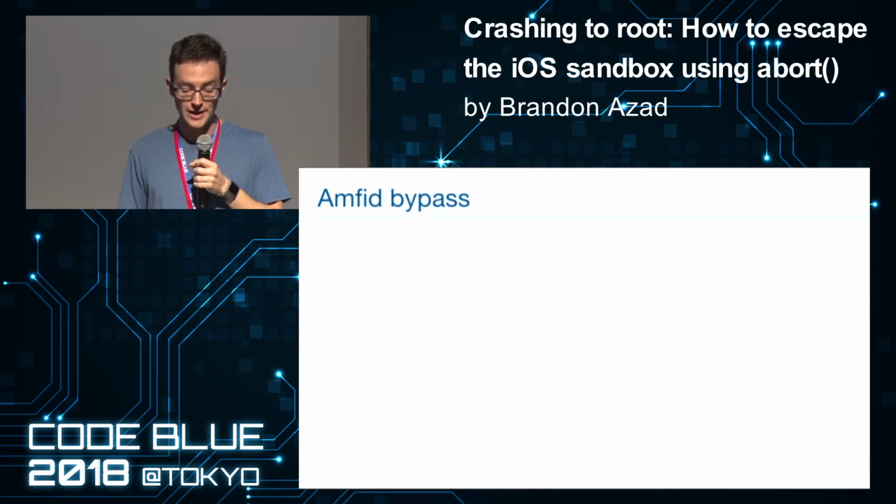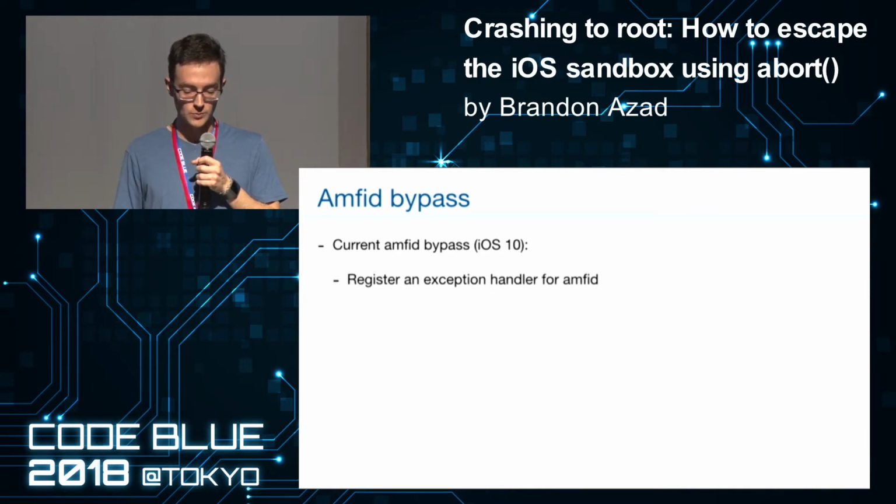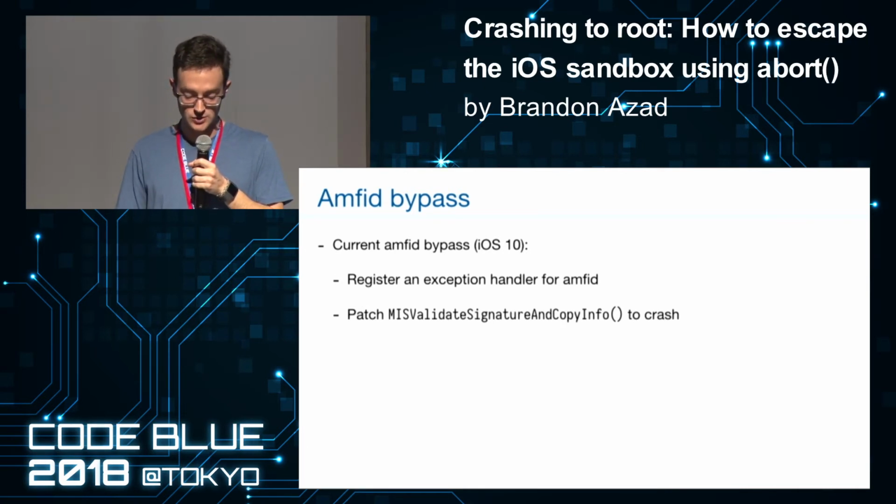Fortunately for us, there's already a rich history of amfid bypasses, and the current technique, as of iOS 10, is to use exception ports. We register our own process as the exception handler for amfid, and then we perform a data patch of amfid's memory so that when amfid tries to call the function MISValidateSignatureAndCopyInfo, it'll crash.